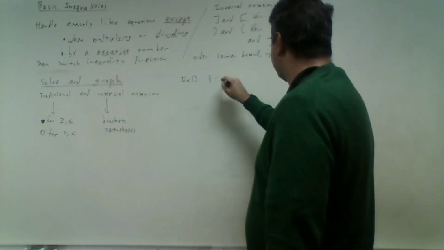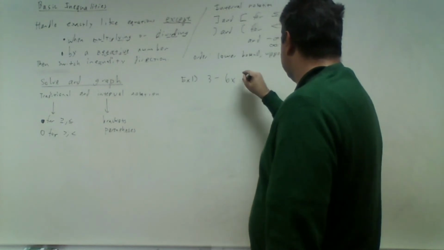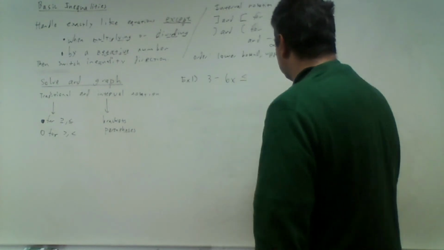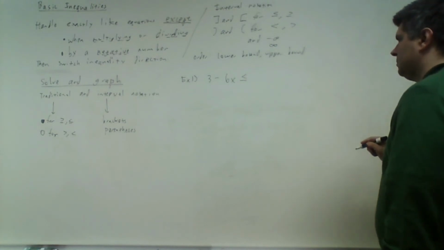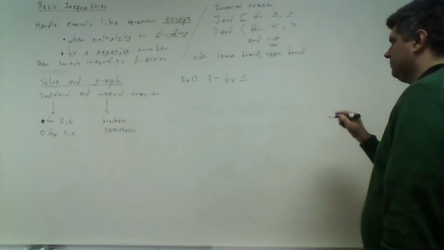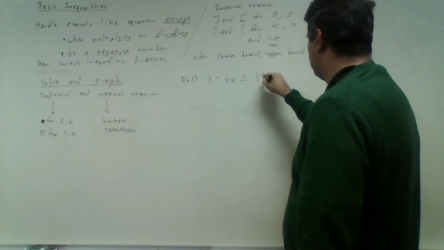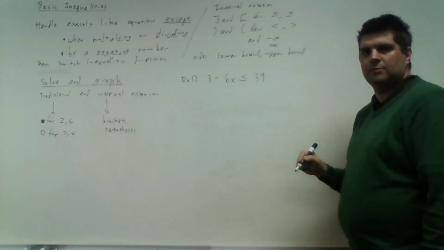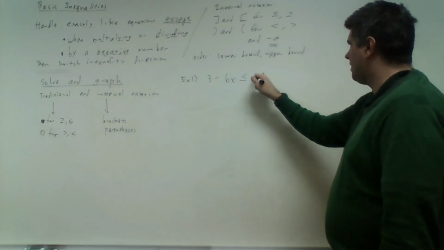3 minus 6x is less than or equal to, actually, I'm going to make it negative 39.